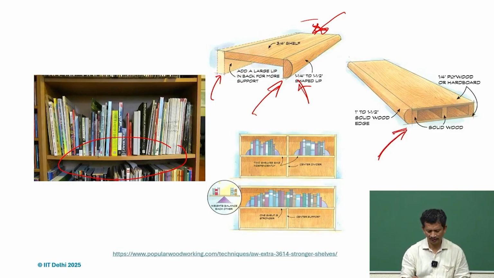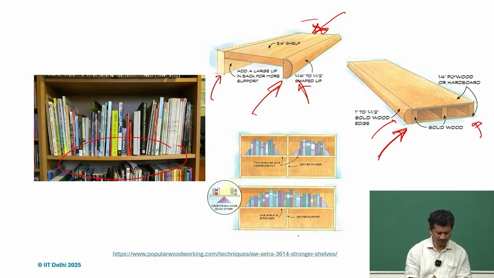You can also use this kind of box structure. It is hollow from inside and stiffened using these ribs and members. So, people do understand and they make use of this know-how whenever they make these kinds of structures.